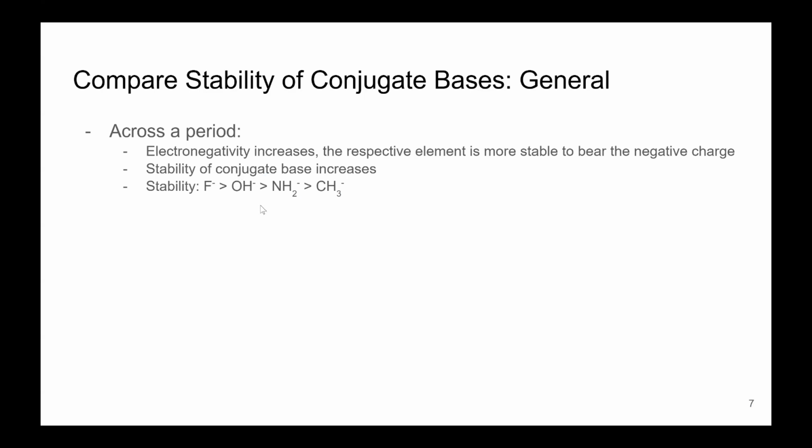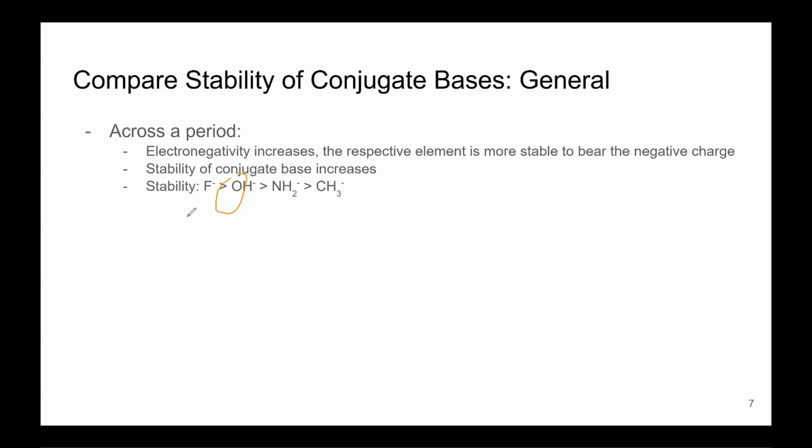So the stability of fluoride ions is greater than hydroxide. F has a greater electronegativity than O, which in turn has a greater electronegativity than N and C. So here F will be the most stable to bear the negative charge. And here you need to take note which atom the negative charge is located on.